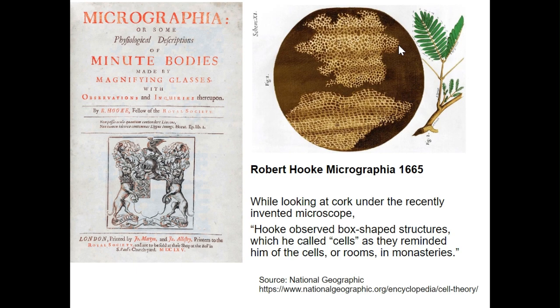And so he's looking at the bark of this tree, and the cells are quite large. And he sees these rectangular shapes. Now, plants have rectangular shapes. Generally, animals don't. But he thought that these rectangular shapes looked kind of like the bedrooms in monasteries. So he called it a cell, because that is the word for the rooms in monasteries.